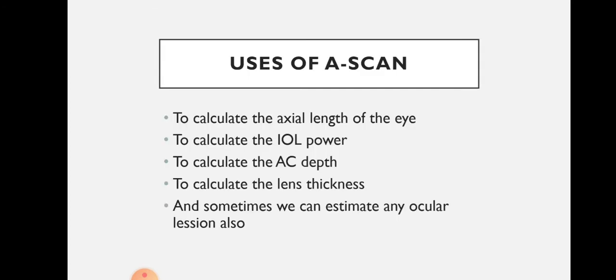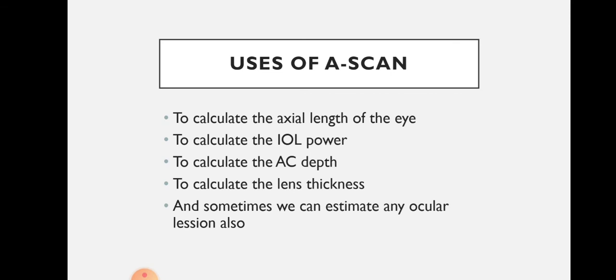Okay. Now what are the uses of A-scan? A-scan is basically used to calculate the axial length of the eye and the intraocular lens power. A-scan is also used to calculate the AC depth and the lens thickness, and sometimes we can estimate ocular lesions by seeing an abnormal spike or echo.